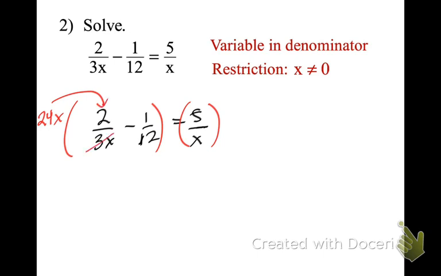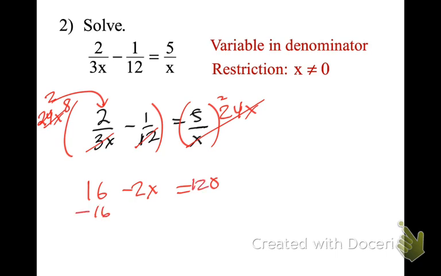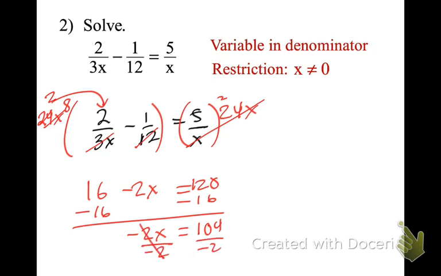Now I'm left with 8 times 2 is 16, and 5 times 24 is 120. So subtract the 16. I get negative 2x equals 104. Divide by negative 2. If you don't take the least common, it's just bigger numbers.